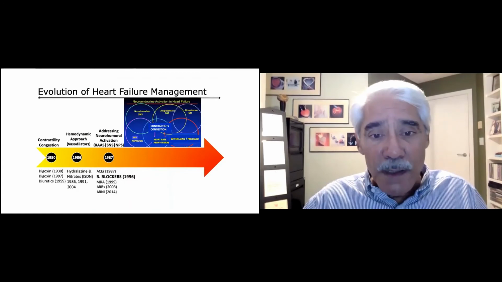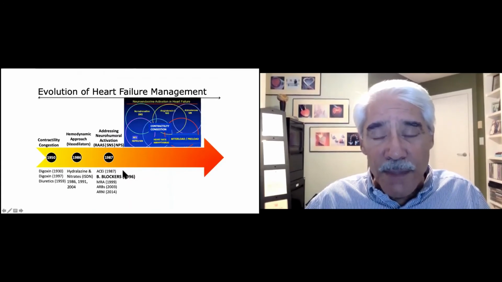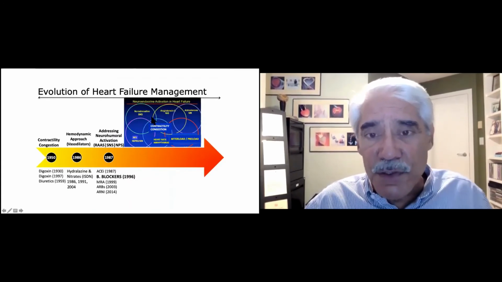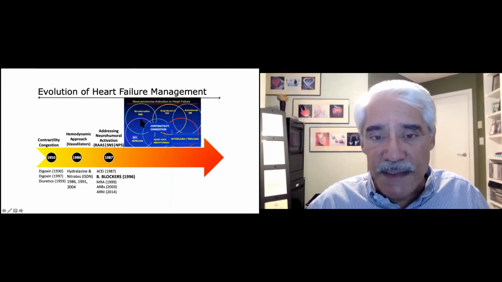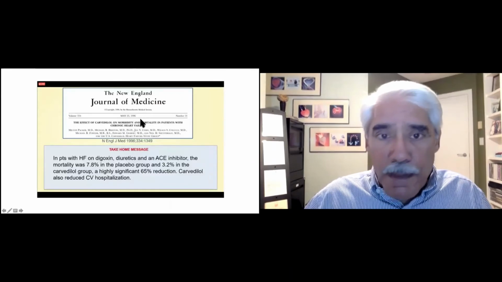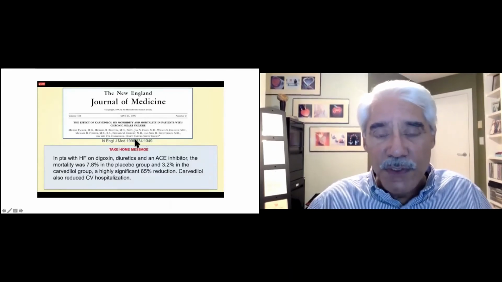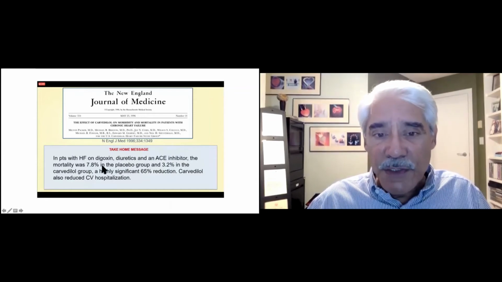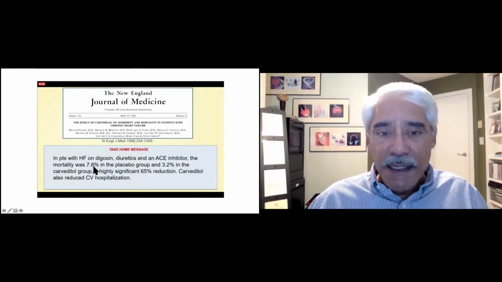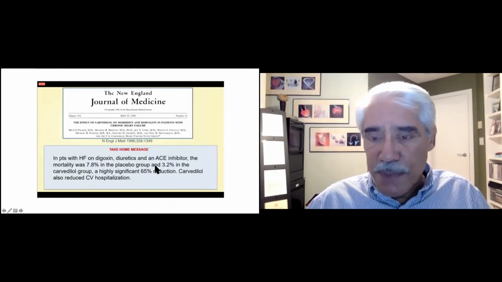All right, well, next came along the beta blockers to address the pathophysiological abnormality of this activated sympathetic nervous system. The pivotal paper was the COPERNICUS trial using carvedilol, and this showed a dramatic decrease in mortality compared to placebo.